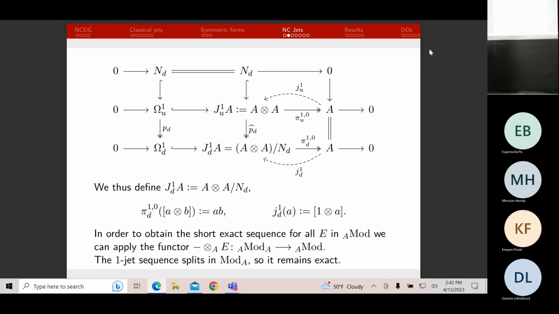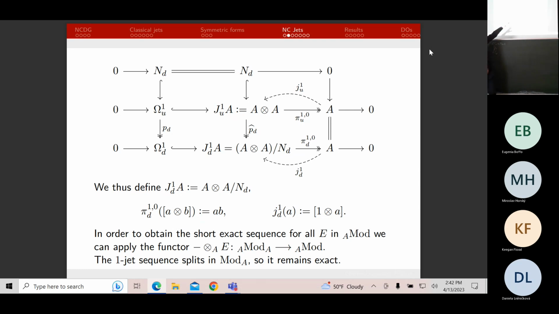Okay. And now we can extend the notion of jet bundle over A to a notion of jet functor. And as I said before, we want to see it as a tensor functor. So the functor J1D will be the tensor on the left by J1D of A. Why does it still make sense? It makes sense because if you apply the functor tensor over A by E on the right, all we care about is the right module structure.